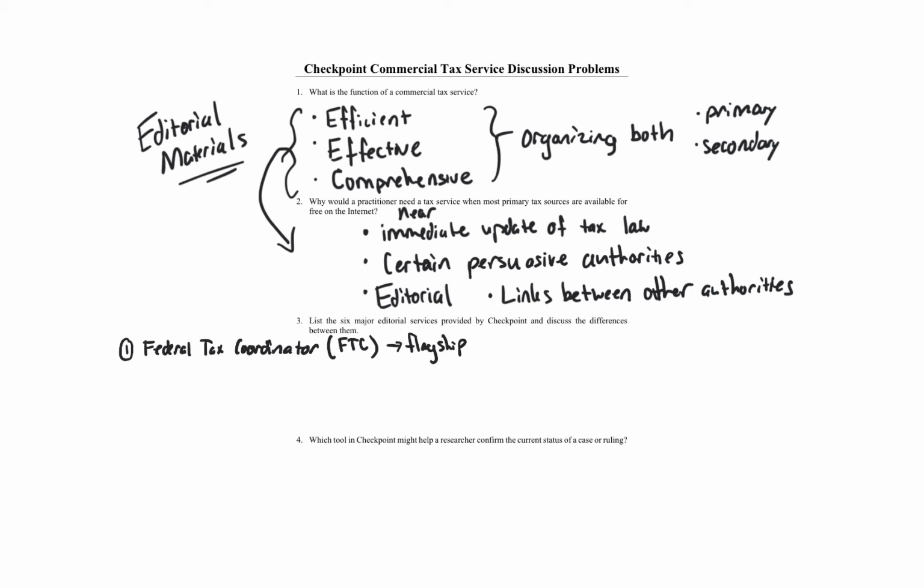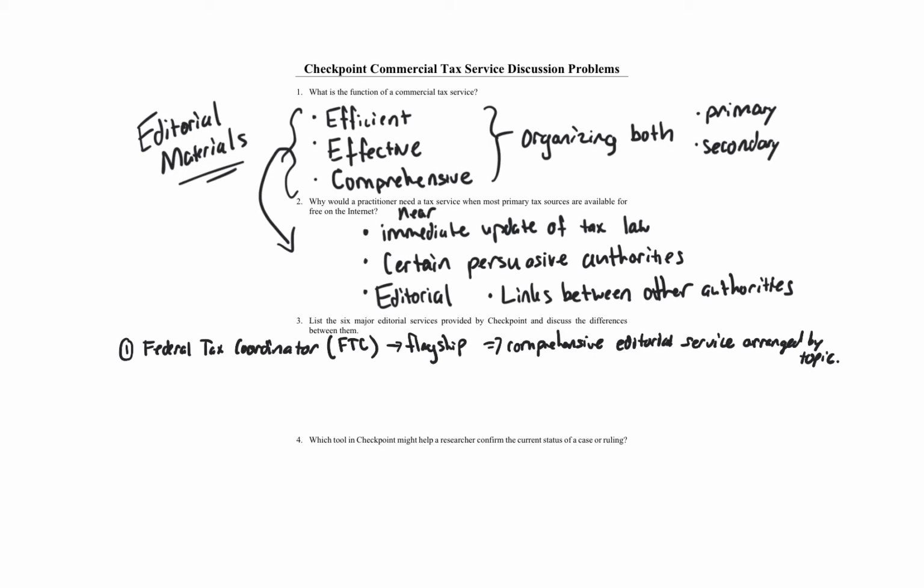I will just say that this one is a comprehensive editorial service. And as we saw in the video, it's arranged by topic. It's not annotated, it's arranged by topic.